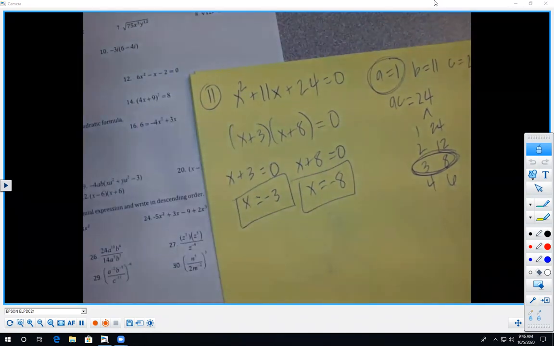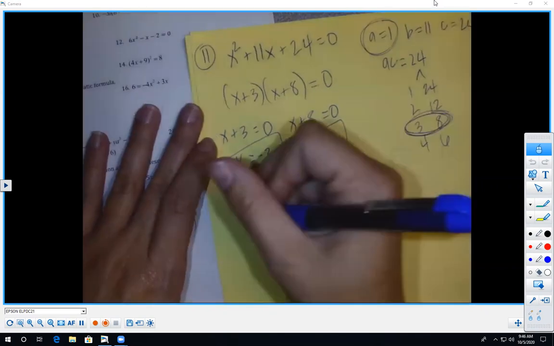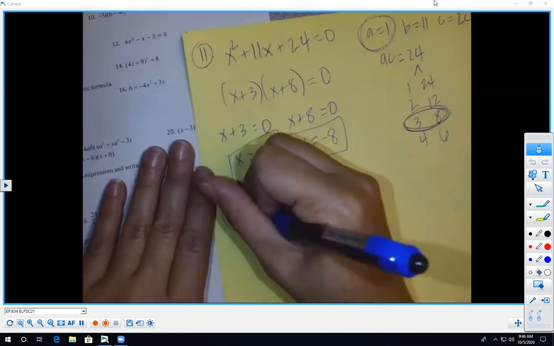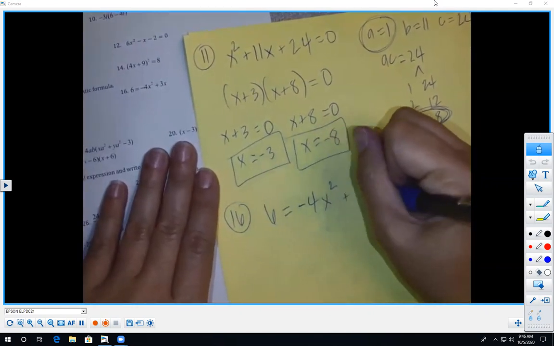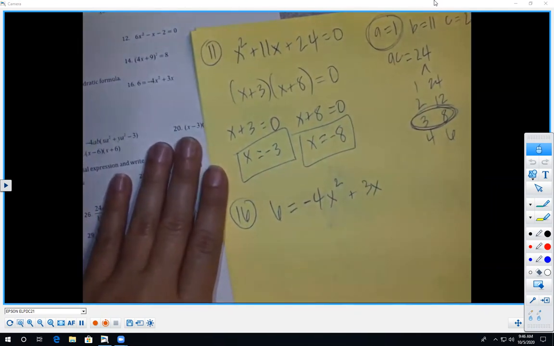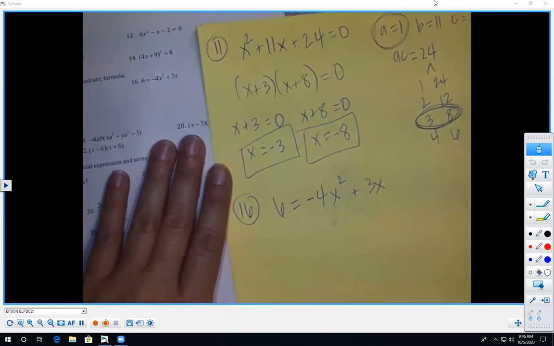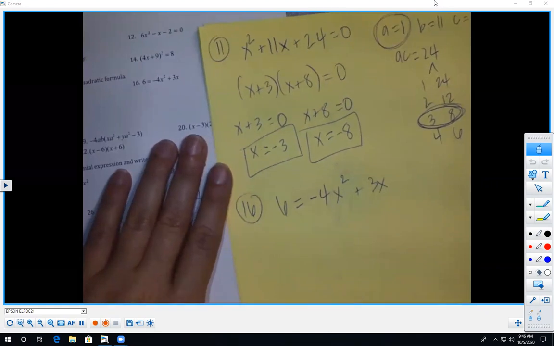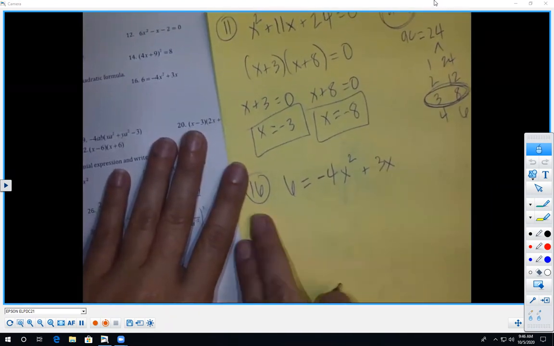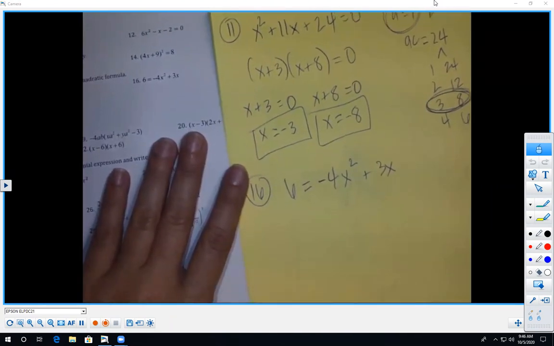Number 16, I have 6 equals negative 4x squared plus 3x. We need to use the quadratic formula to solve it. To do the quadratic formula, all my stuff has to be on one side and the equation has to equal 0. I'm going to move my x's over here to the left-hand side so that they are positive.